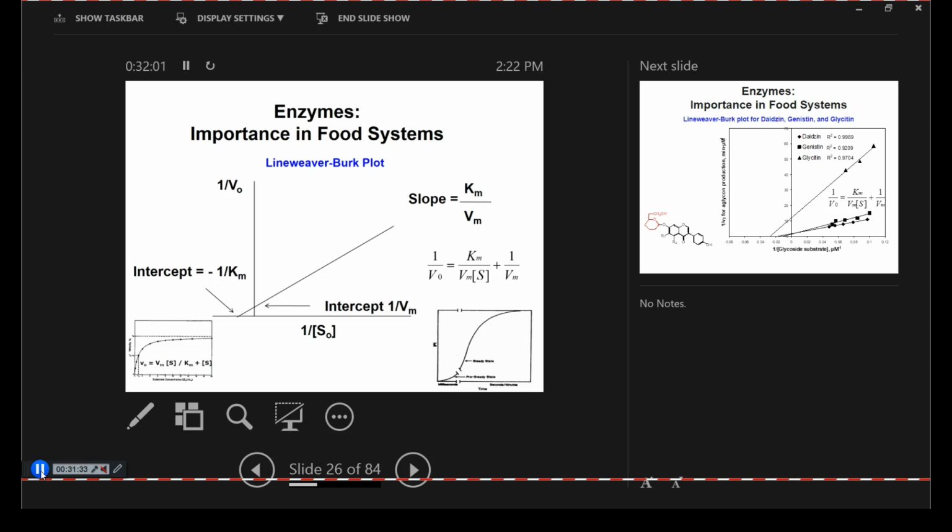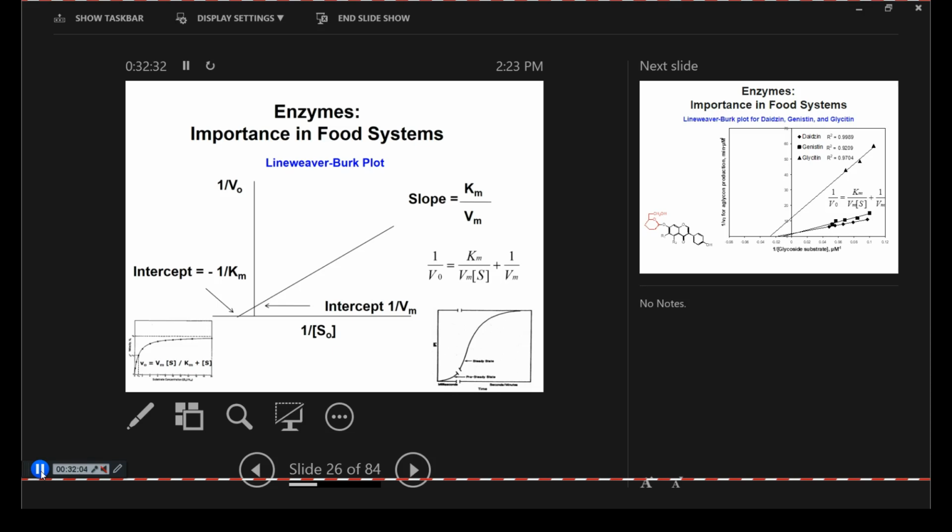So what they did, they took the Michaelis-Menten equation, inverted it, and they found a linear relationship right there. So the inverse of the Michaelis-Menten looks like that. 1 over initial velocity, Km over Vmax, into 1 over concentration of the substrate, plus 1 over Vmax.